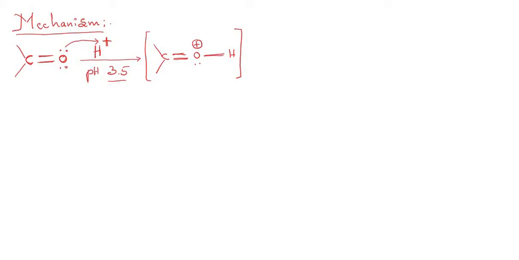In order to stabilize, the oxygen atom will withdraw the pi electrons towards itself. So we can write the next part, that is single bond C with positive charge, single bond O with the 2 lone pairs of electrons and that hydrogen. Now you can see that here the carbon is bearing a positive charge.